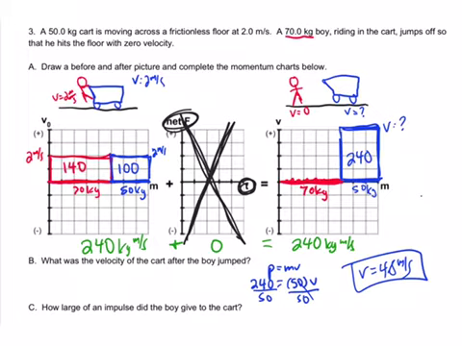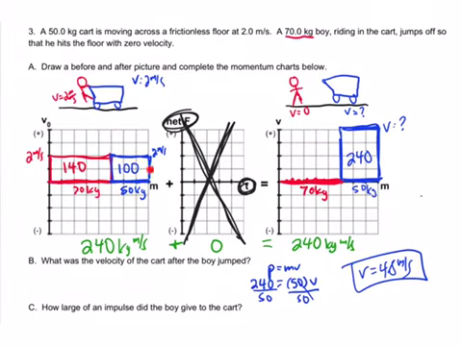Now, this is one thing I wanted to talk about for question C, and it's basically about this whole momentum conservation thing. We want to figure out the impulse that the boy did to the cart. Yes, there is no impulse on the system, if we define the system as both things. But if the system is just the cart, I'm going to ask you to focus on just the blue here.